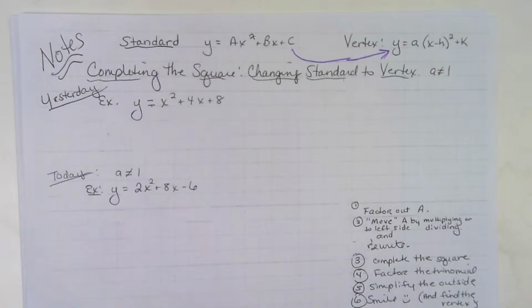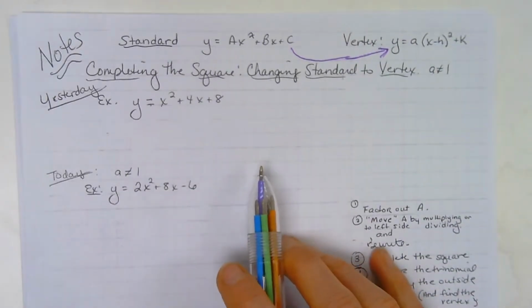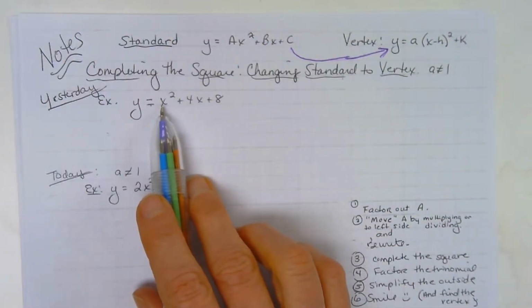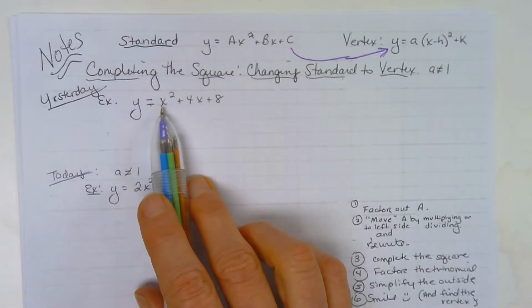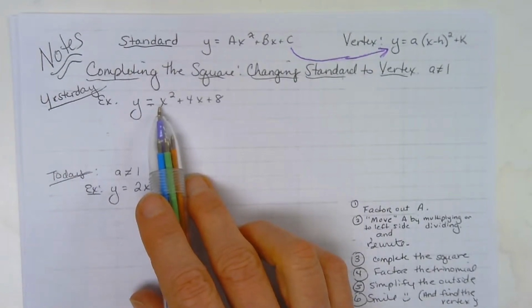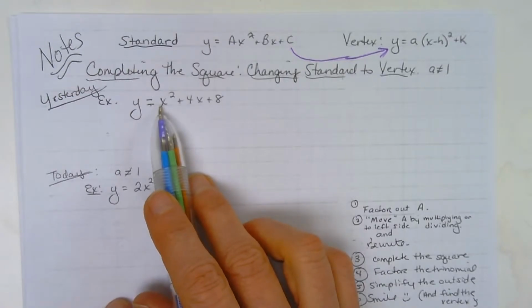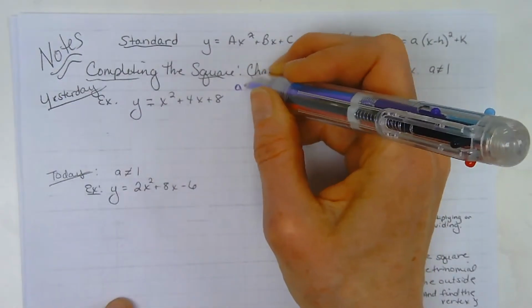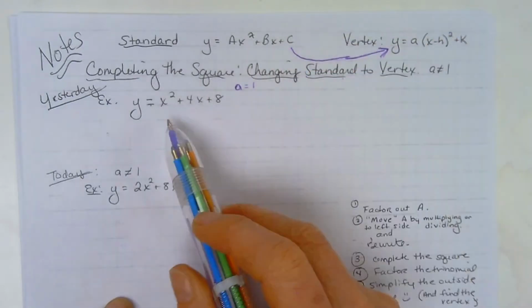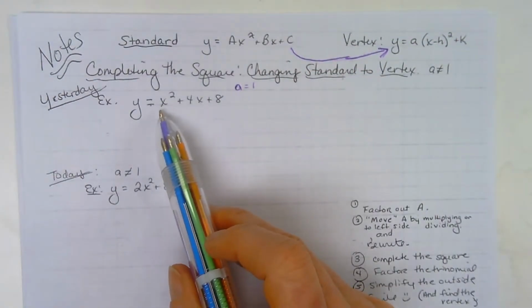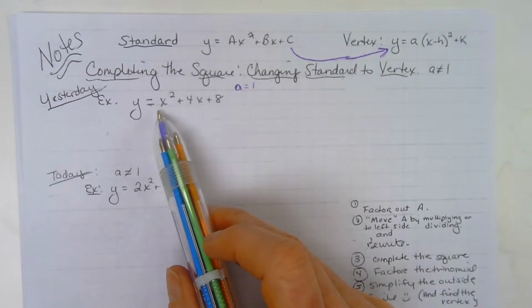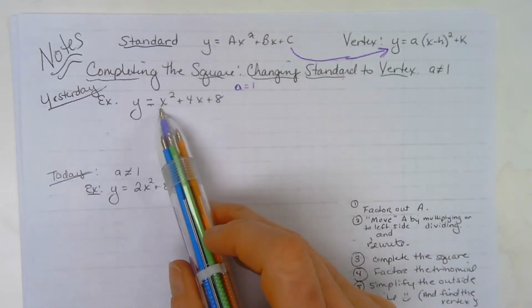So yesterday we completed the square with a quadratic equation, and the coefficient of the x squared was 1. So here a is equal to 1. To complete the square, it is mandatory that this be 1.